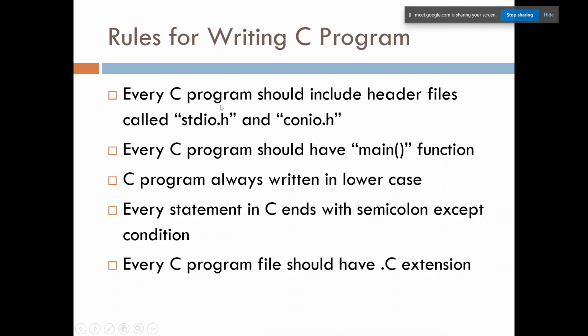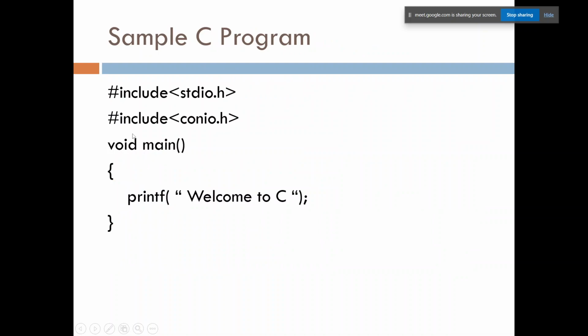So these rules and regulations we need to follow while writing C program. So here I can see the small example has include stdio.h. Of course you can include other header files also, but these are not mandatory right now, that's why I skipped it. And old compilers people were writing void main, but it's better to go with int main, guys.